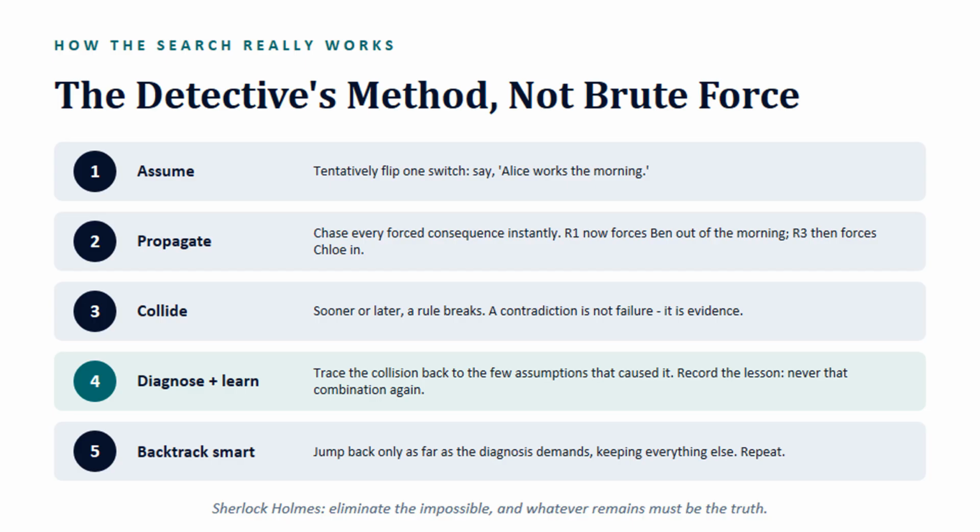Step 5, backtrack smart. Not all the way to the start, only as far as the diagnosis demands, keeping everything else intact. Then it repeats. Eliminate the impossible, as a certain detective liked to say, and whatever remains must be the truth.